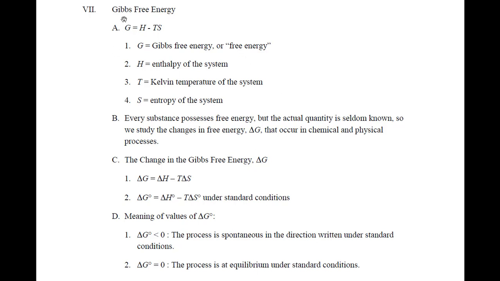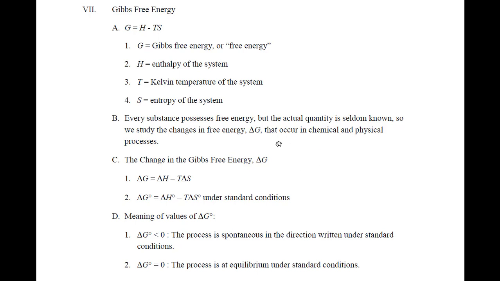And so the equation that he worked out was the enthalpy minus the Kelvin temperature times the entropy, so it was named in his honor, given the letter G. But even though every substance possesses free energy, the actual quantity, just like with enthalpy and entropy, really is not known. And so we study them by their changes.